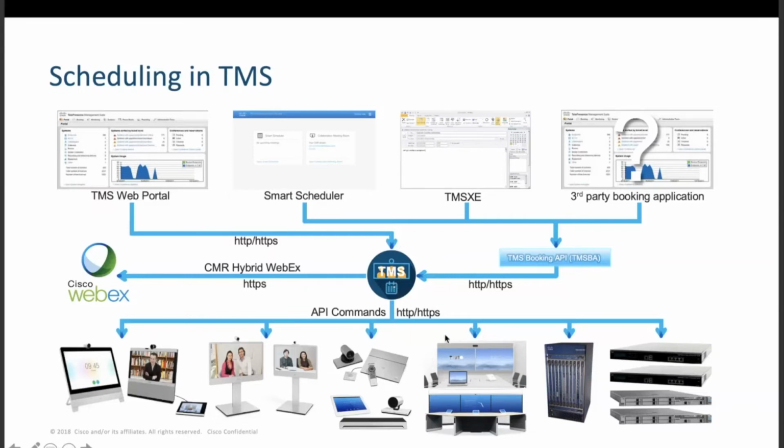When TMS talks to the managed devices, be it the endpoints, MCU, or VCS, it's going to happen on HTTP or HTTPS again. TMS understands what API this endpoint or that endpoint supports. So it's going to send APIs based on what type of product we are using.